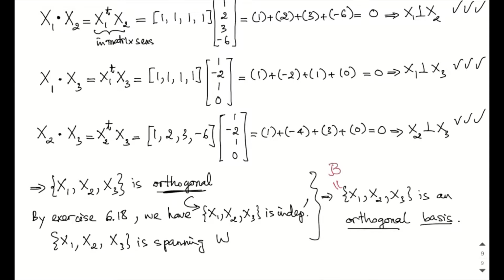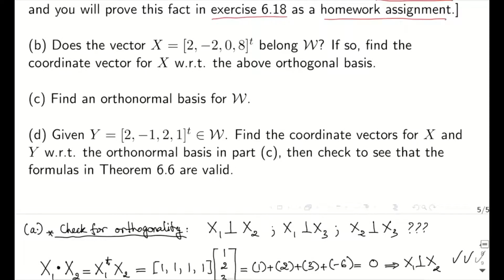Say it is B. Part B is the vector x here belonging to W, right? You need to check if x is in W. If x is in W, find the coordinate vector for x with respect to the above orthogonal basis, which means the basis formed by x1, x2, and x3.